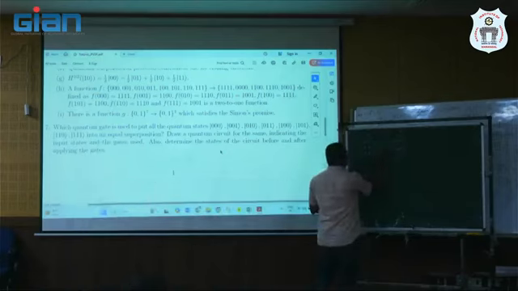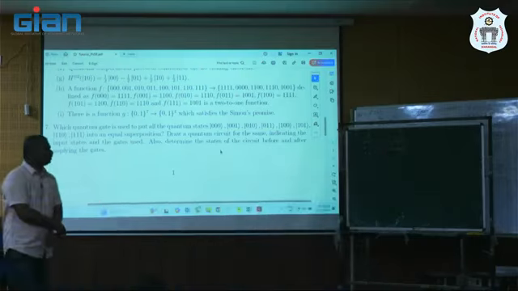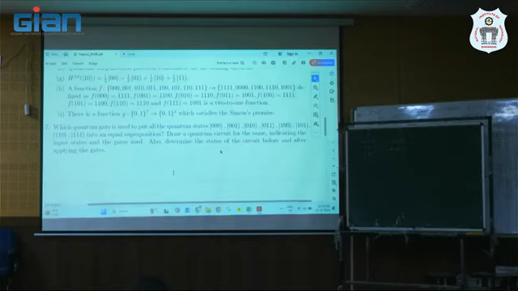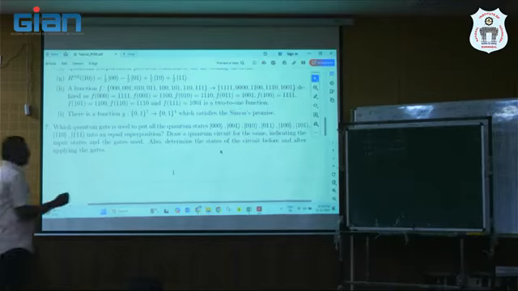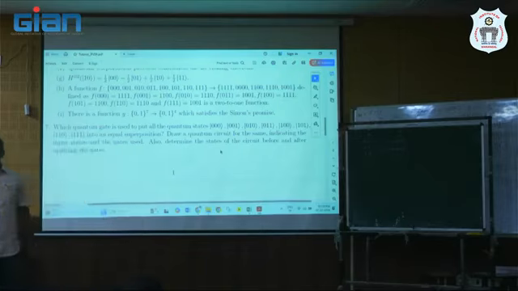Now, if I put it something like this, is it 2 to 1? No, that is not 2 to 1. If a function is from A to B and it is a 2 to 1 function, every element will have only one image, no. Only two elements, the image is same.